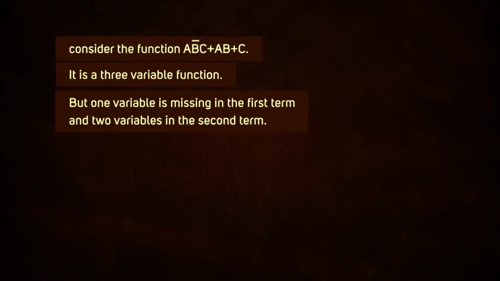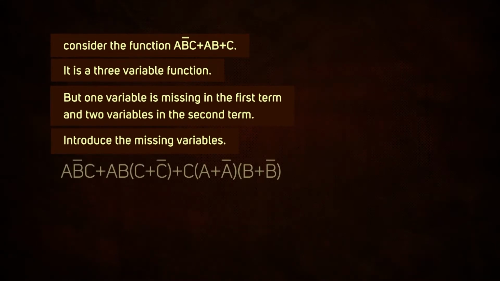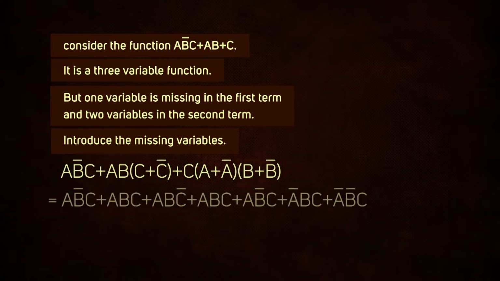As we discussed there, introduce the missing variables: A B complement C plus A B into (C plus C complement) plus C dot (A plus A complement) dot (B plus B complement), which is equal to A B complement C plus A B C plus A B C complement plus A B C plus A B complement C plus A complement B C plus A complement B complement C.